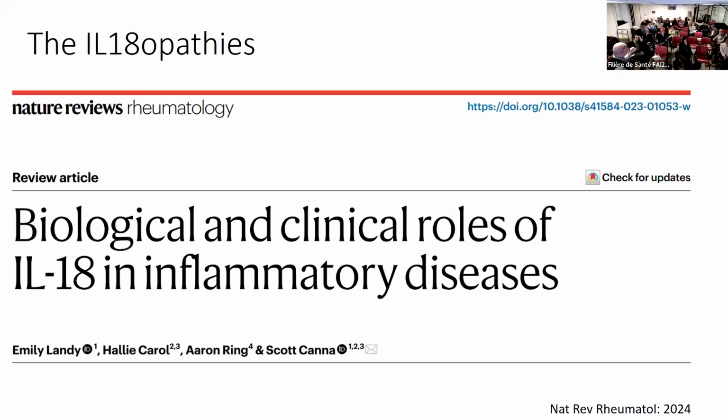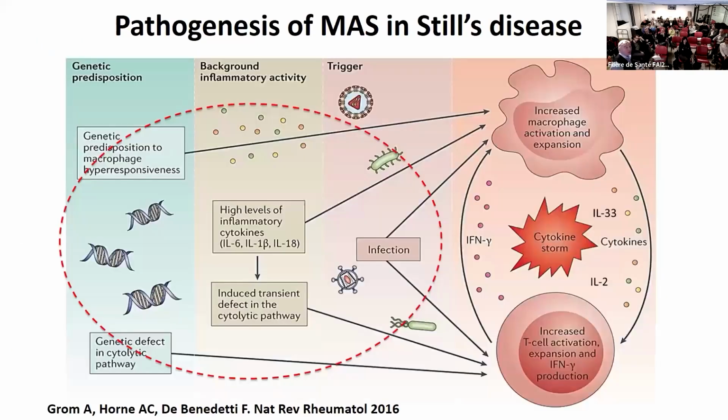This is going to appear in January 2024 in Nature Reviews Rheumatology, and it talks about the monogenic but also the polygenic IL-18opathies. Scott Canna makes the point that systemic JIA, Still's disease, is actually a polygenic IL-18opathy, particularly in lung disease patients with Still's disease.